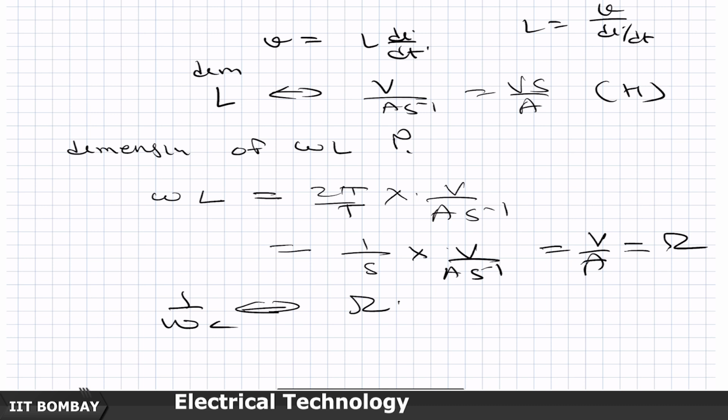So that means it tends to resist. I am trying to give you that feel, but the resistor is a dissipative element. A pure inductor and a pure capacitor are not dissipative elements. They store energy, they can release the energy back. They are more like energy storage elements, and the resistance is more like a dissipative element.